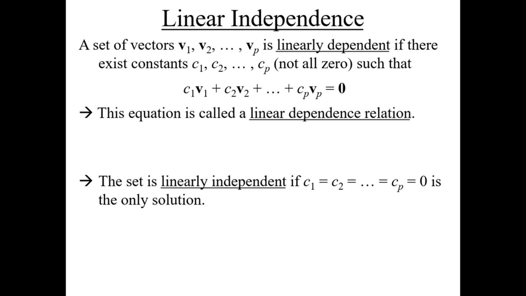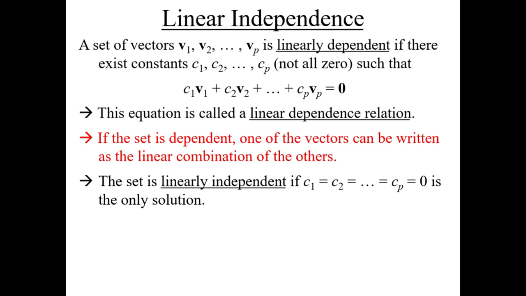This should not be anything new. We've done this before. The only difference is that we did it with vectors in Rn, and now we're talking about more generalized vectors. A set is linearly independent if setting the coefficients equal to 0 is the only way to make the whole combination be 0. Again, this is stuff we've already done.